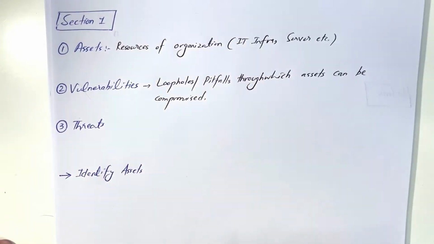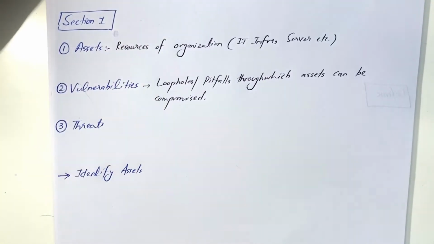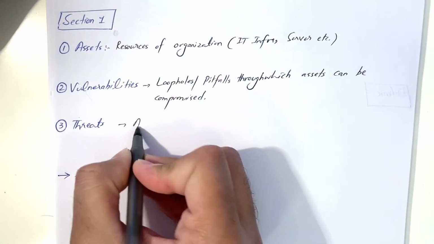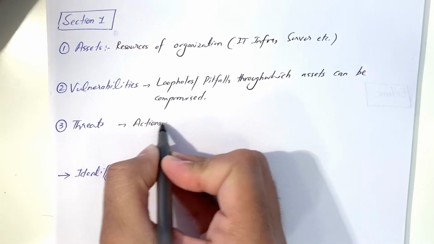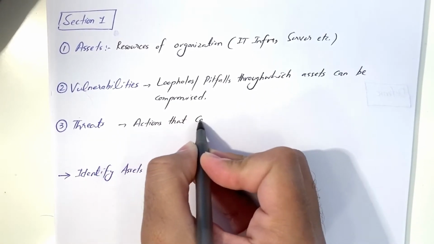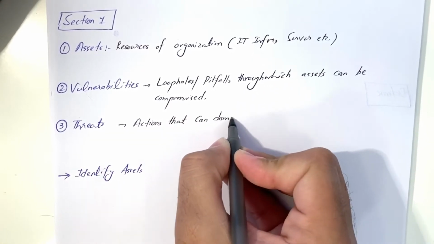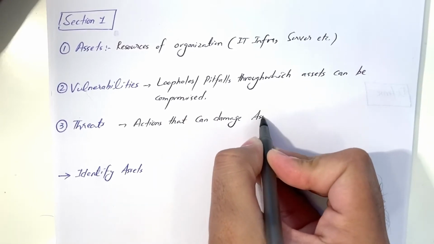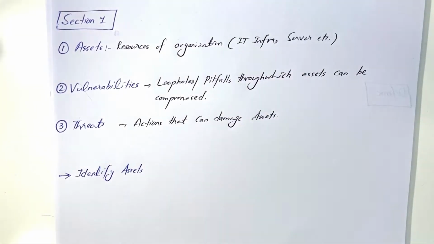Next is the threats. Threats are actions that can damage assets. For example, viruses, malware, or those kinds of things.